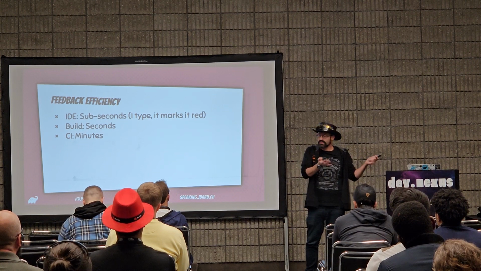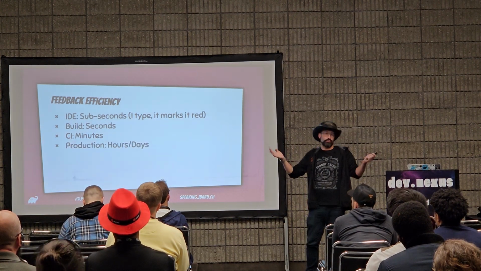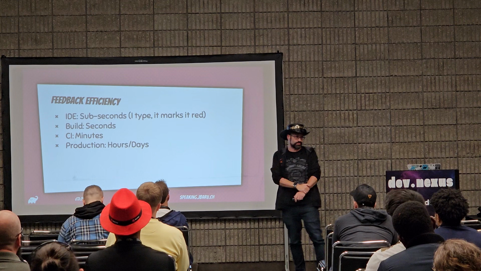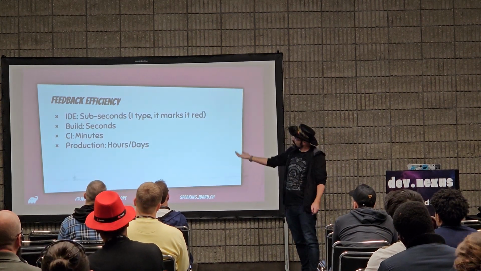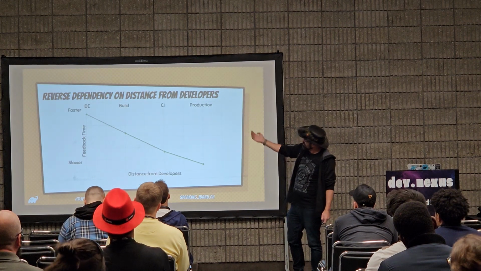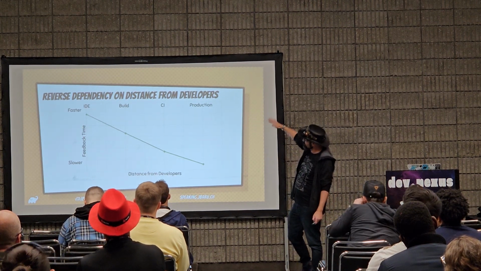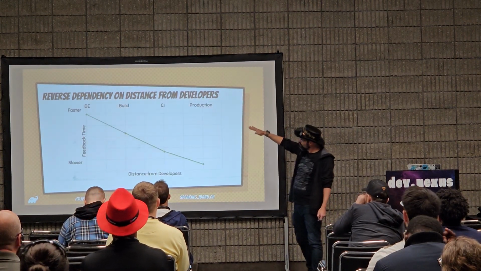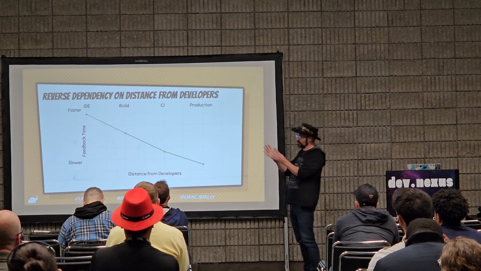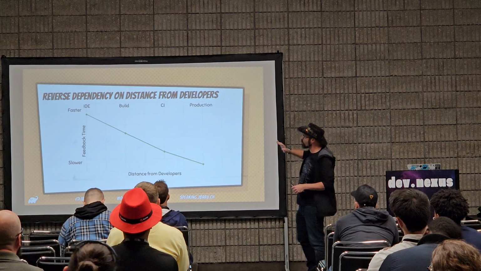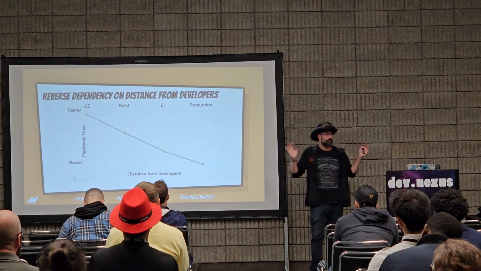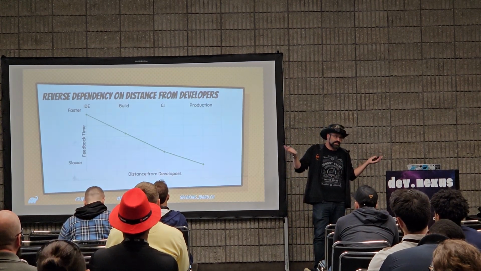You will do something else. And production, feedback from production is pretty important, but you will get it when you get it. So there is a pattern here. It's a reverse dependency on distance from developers. The more we go right, away from the developers, the slower we expect the feedback to be, which makes sense.